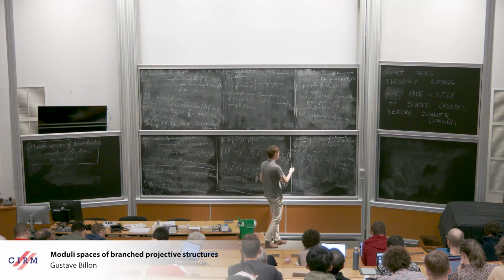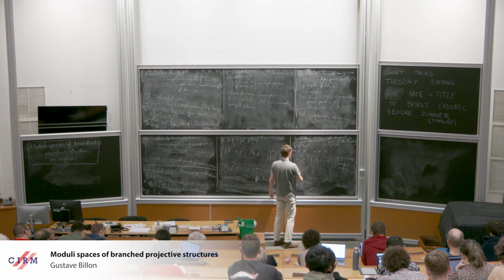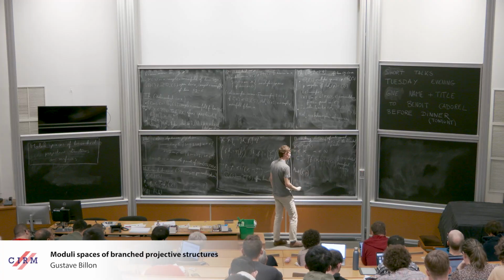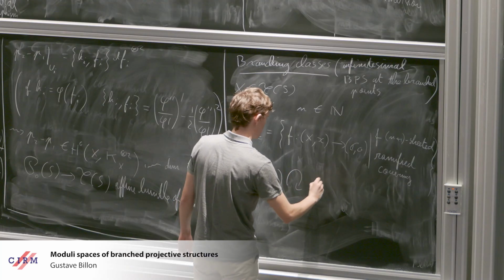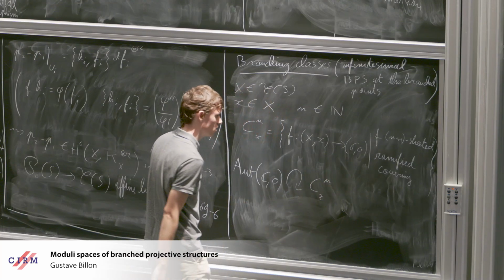So on C_x^n, there is an action of the automorphism group of C at 0. It acts on C_x^n by postcomposition.